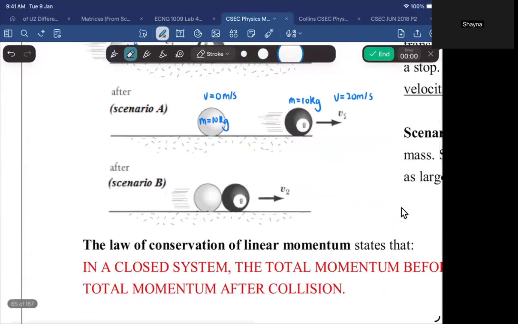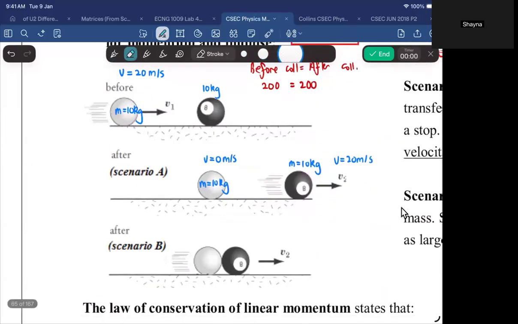Let's check out this scenario. So let's see what's going to happen here. Shayna, stay with me, right? Before the collision, what's the momentum? 200. Before is equal to after, so it's 200. Now, after the collision, both of the balls are moving in the same direction, right?